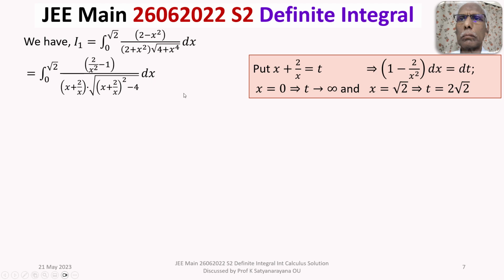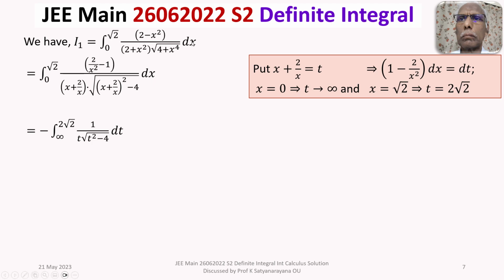Now this integral becomes: the limits 0 becomes infinity, root 2 becomes 2 root 2, and 1 minus 2 by x square dx is dt. Here we have 2 by x square minus 1 dx, and that will be minus dt. That is why the minus has come out, dt. In the denominator, x plus 2 by x is t, under the square root of t square minus 4.